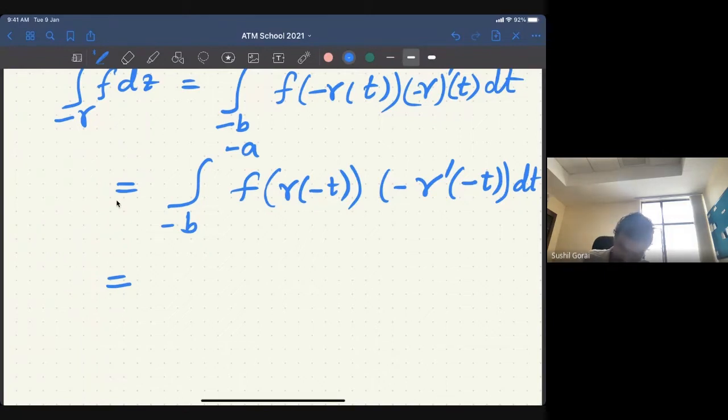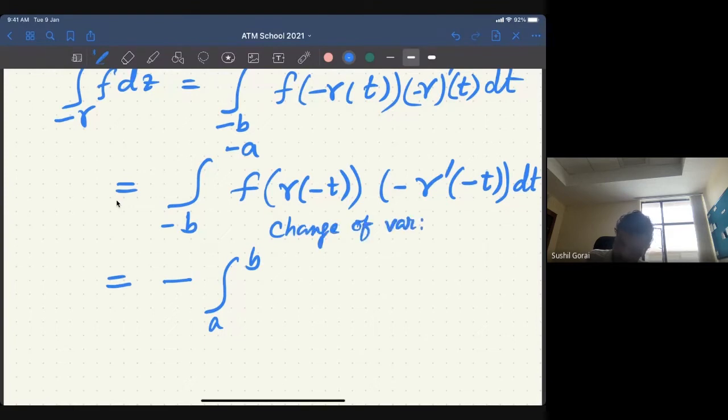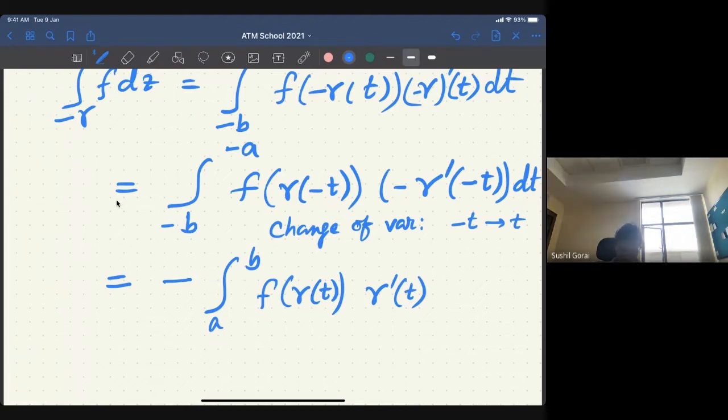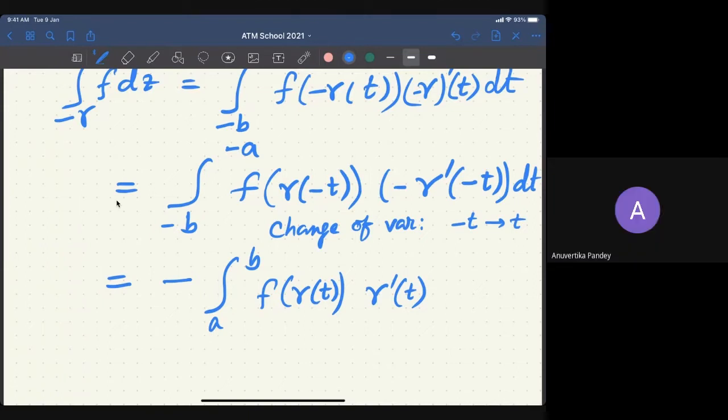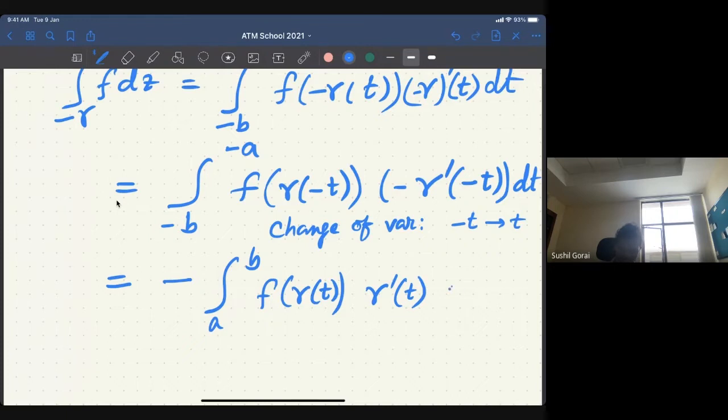So you get a to b, f of gamma t, and here gamma prime, and minus dt.